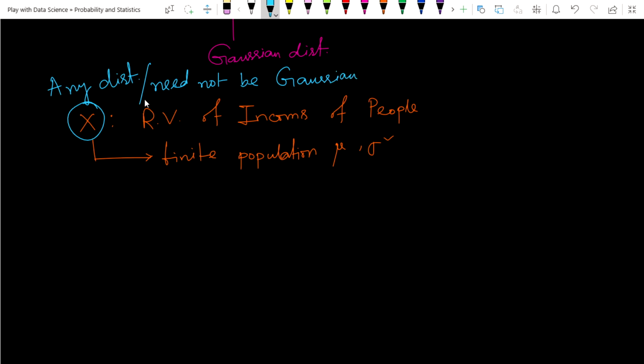Okay, it follows any distribution. Suppose the random variable is the incomes of people, and it has a finite population mean and finite population variance. That's the first condition. First, we have to collect its samples.